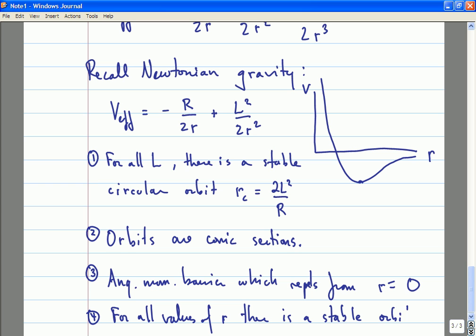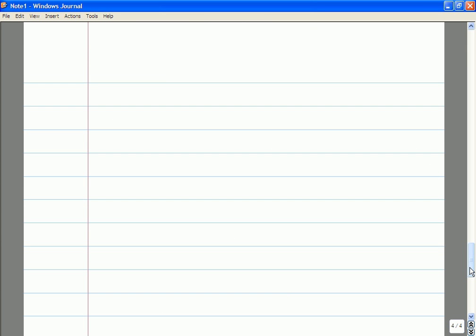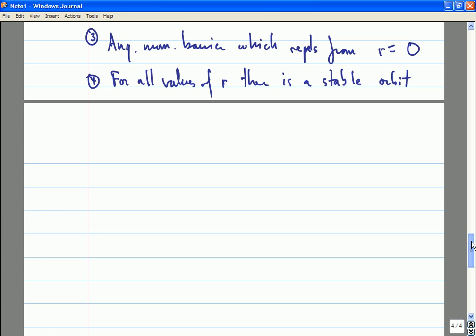For any value of radius between 0 and infinity, you could always find a value of the angular momentum which would make that the stable circular orbit. And we will see that none of these properties are true once general relativistic effects are included. So let's now compare this to Einstein gravity.